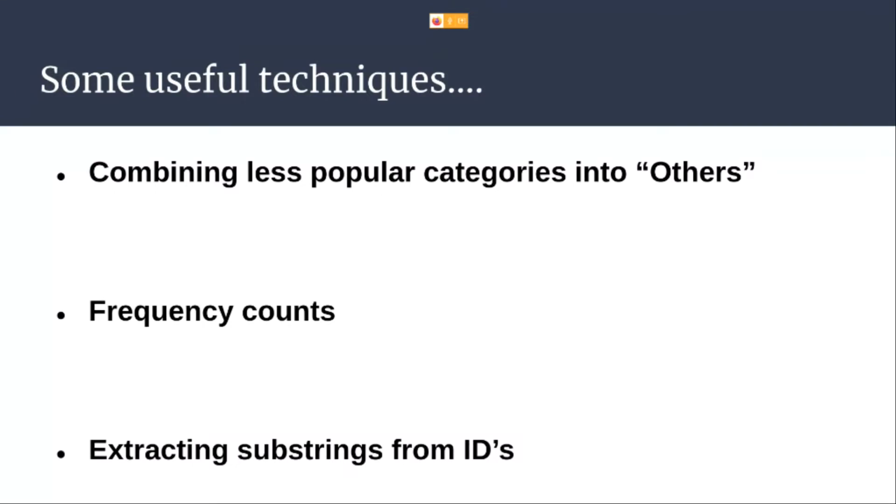Even if you just consider categorical variables and one hot encoding, which I'll be talking about later, having a smaller number of categories would be helpful for clustering algorithms. Then the next technique you can use is frequency count.